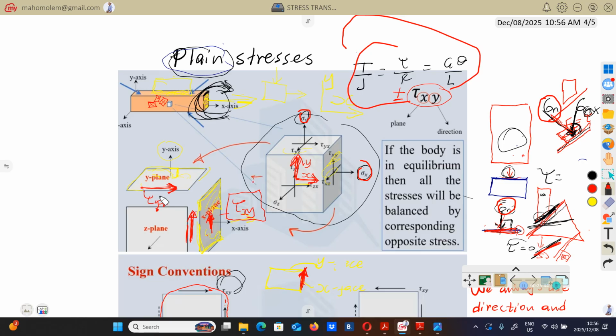We're not going to have this one. You will never see shear stress yx. You will see shear stress xy. So shear stress xy is the stress on this face. This one we're not going to use in our calculation. We're always going to use shear stress on the x face in the vertical direction.